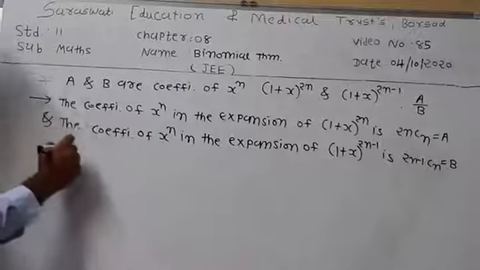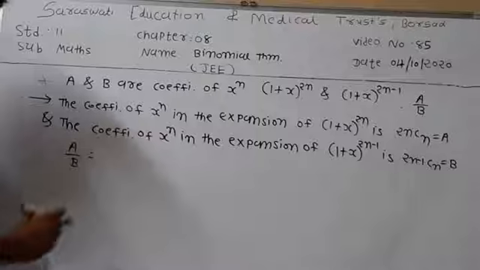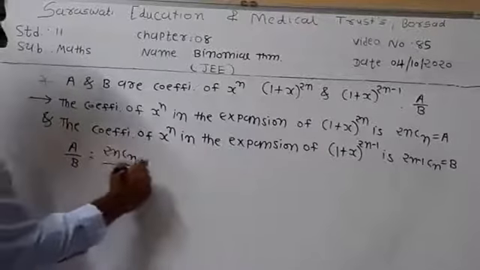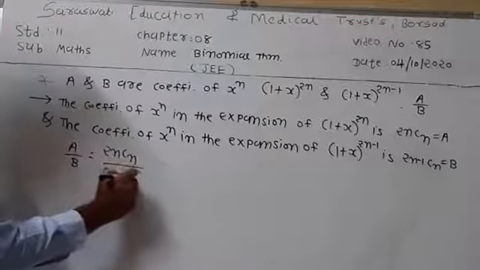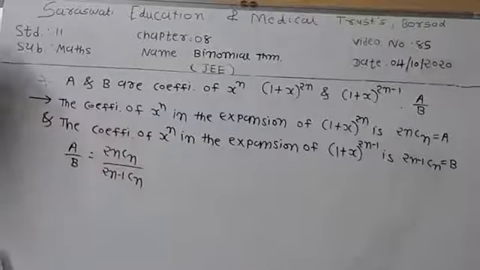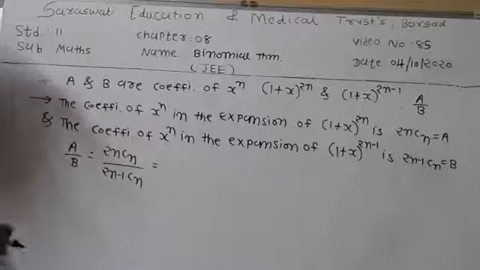So now, given, find out A upon B. So in place of A write 2n Cn, upon in place of B write (2n minus 1) Cn, right? Now for 2n Cn, apply the identity.